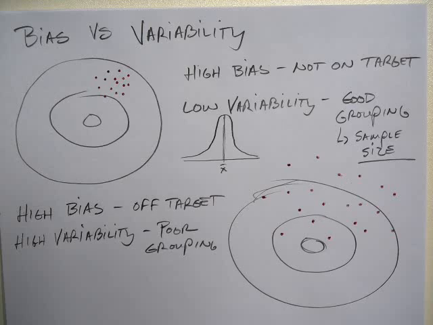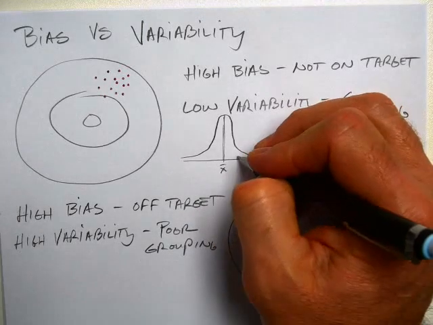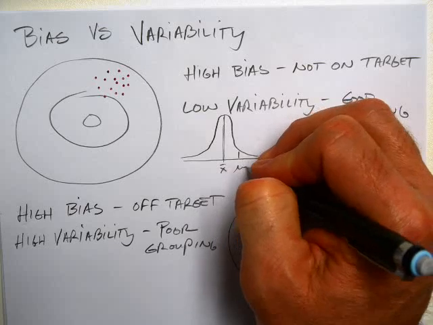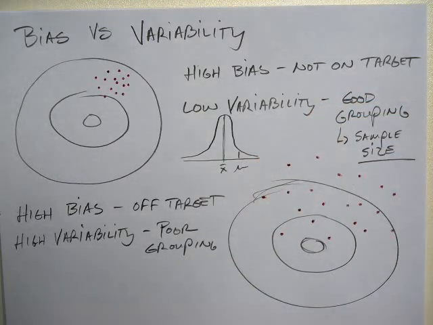I missed it. Maybe the true mean is way over here, or it could be on the lower side, it doesn't matter. But my grouping is good. A nice tall normal curve, but I didn't hit what I was trying to hit. I didn't learn what I wanted to learn about the population.